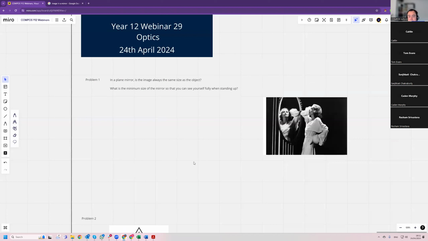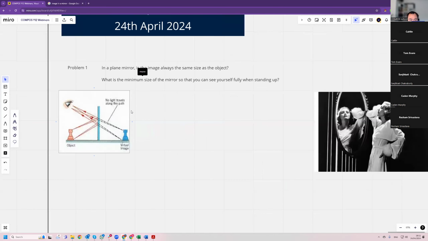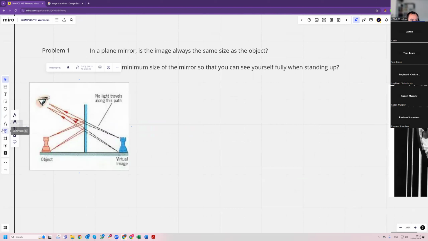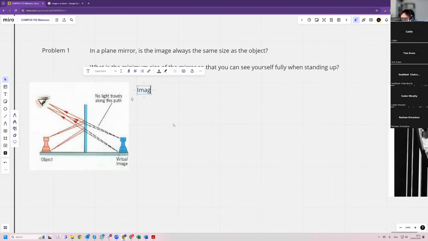The image in a plane mirror: first, it is the same size as the object.